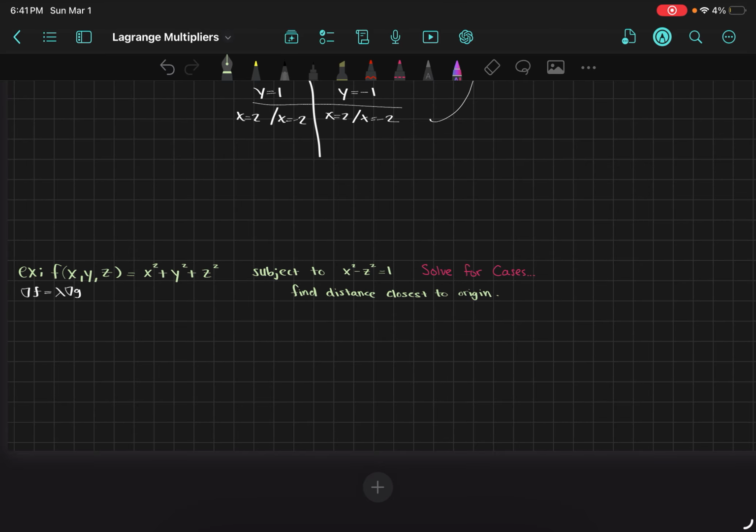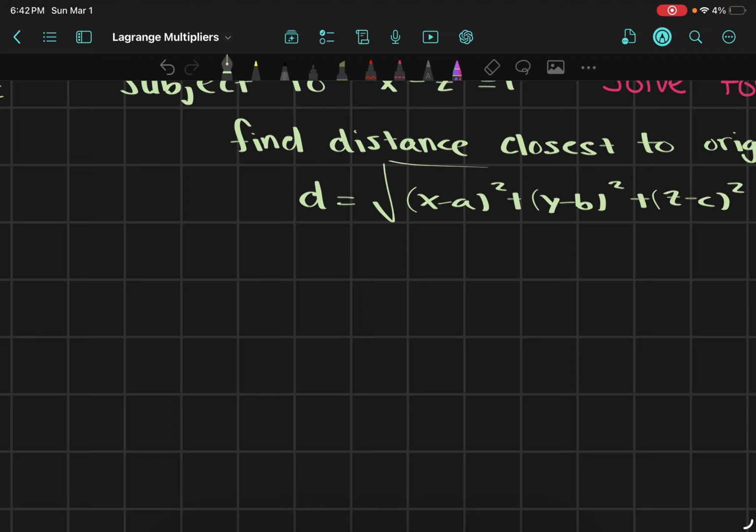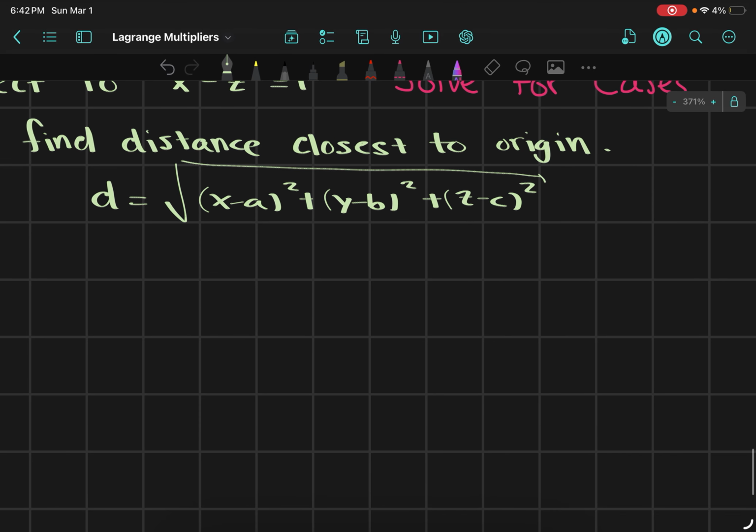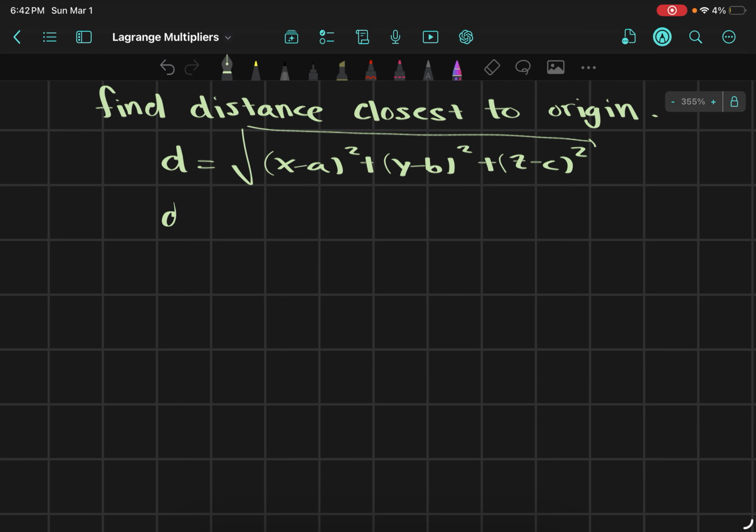We might understand that from prior calculus classes: our distance from some point is going to be the square root of (x minus a) squared plus (y minus b) squared plus (z minus c) squared. That is our distance equation. If we're trying to minimize this, that's essentially what this is asking: minimize the distance to the origin. The origin is (0, 0, 0). Therefore, our distance is going to equal the square root of x squared plus y squared plus z squared.